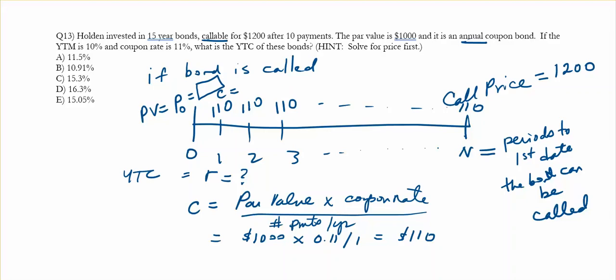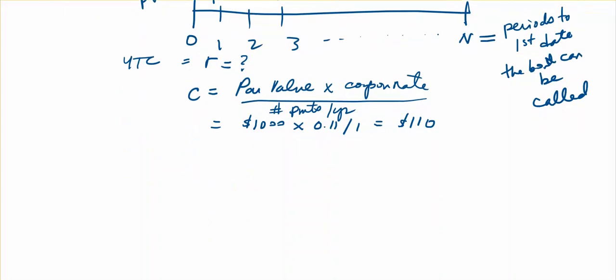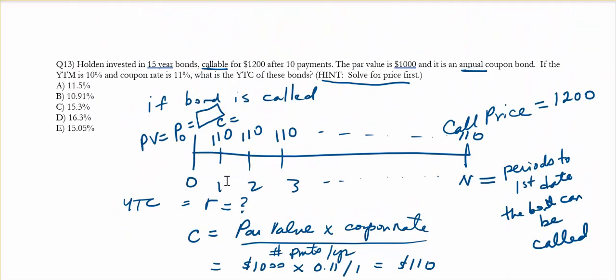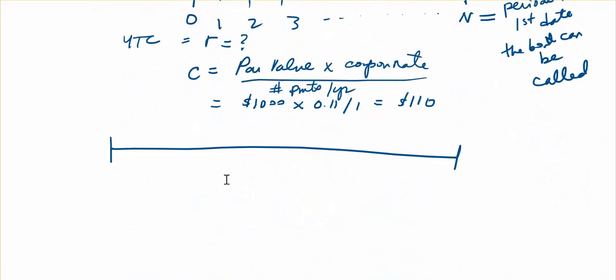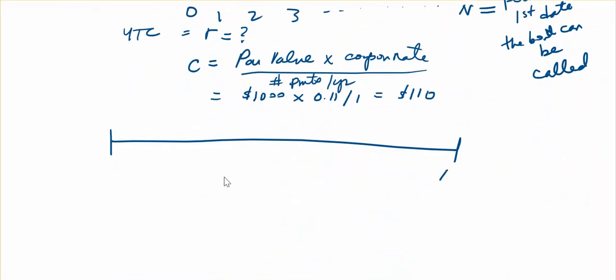Now, the problem's not too nice to us because it doesn't tell us the price, but at least it does give us the hint. We do have to find the price first, so we have everything we need to solve for an I. Now, we're told that if the bond is held to maturity, and the maturity date is 15 years, that the yield to maturity is 10%.